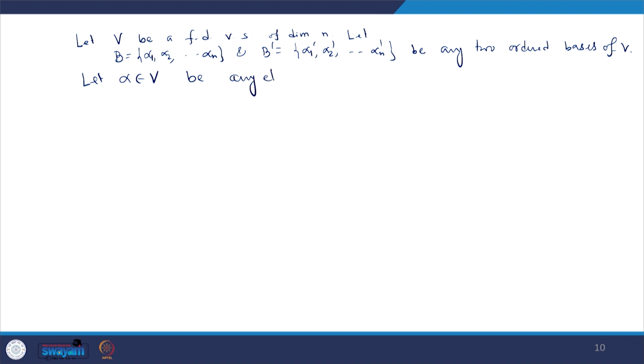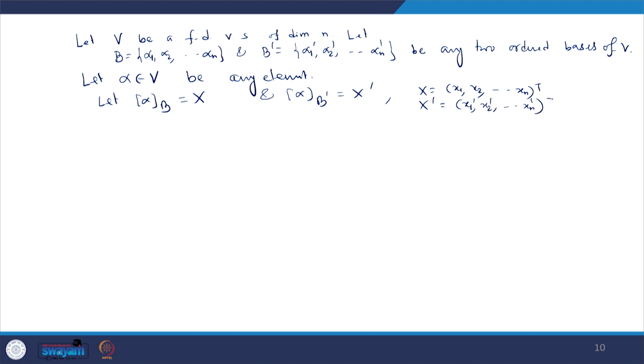Let the coordinate matrix of alpha with respect to B be equal to capital X, and the coordinate matrix of alpha with respect to B prime be equal to capital X prime. I mean X equal to (x1, x2, ..., xn) transpose, and X prime equal to (x1 prime, x2 prime, ..., xn prime) transpose.